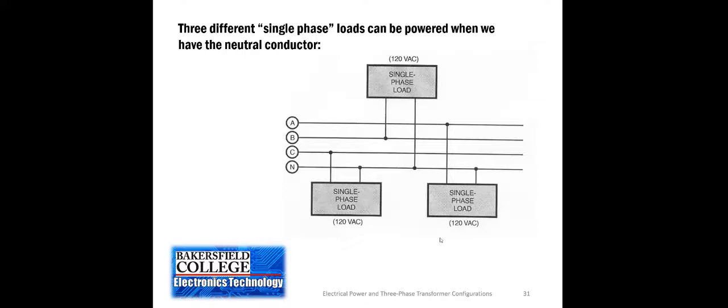Now this is good because we can spread out the single phase loads across the different lines that are coming out. That tends to balance the current through each of the coils, and therefore the neutral, if they are all balanced, then the neutral is not going to have any current flow.